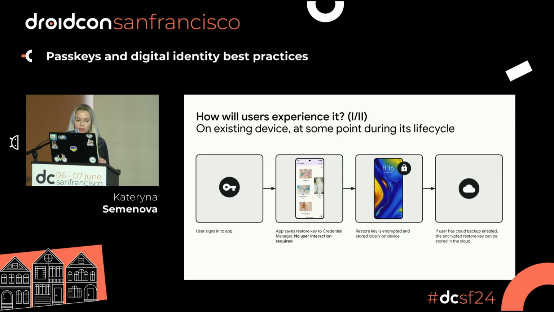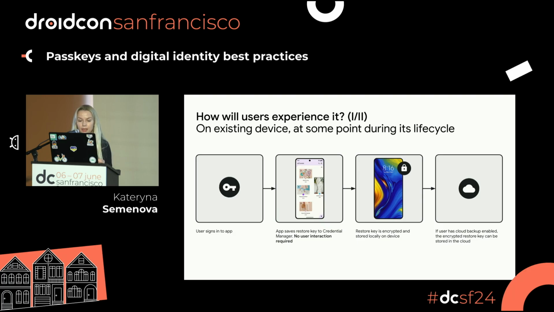Let's say users on an existing device log into your app. And the app saves the restore key by using the Credential Manager API. So no user interaction required at this point. The restore key is encrypted and stored locally on the device. And when the user enables cloud backup, then the encrypted restore key will be stored in the cloud.